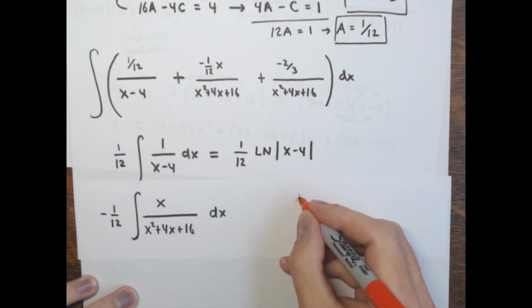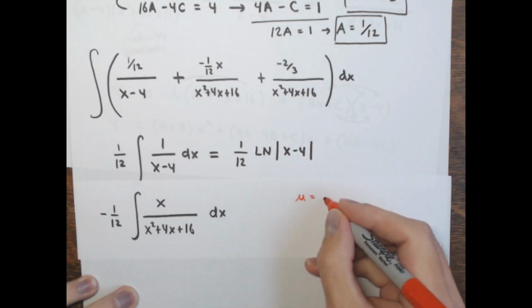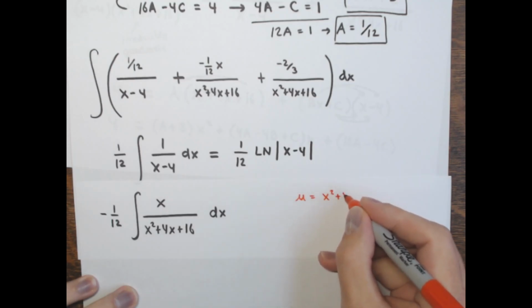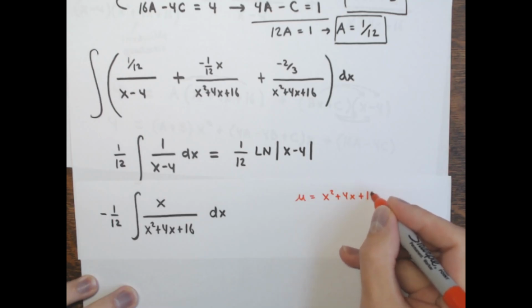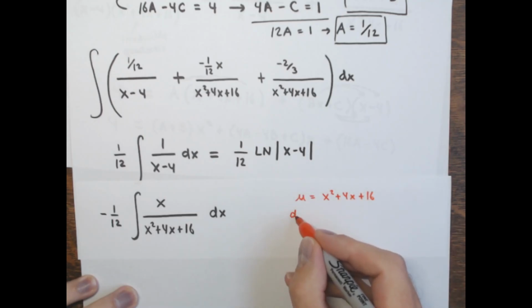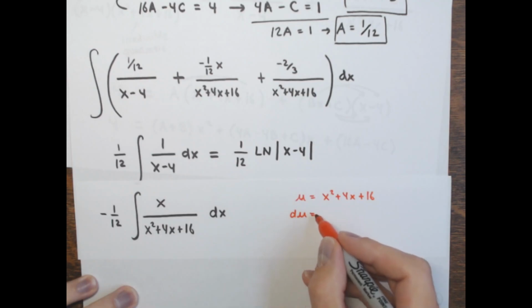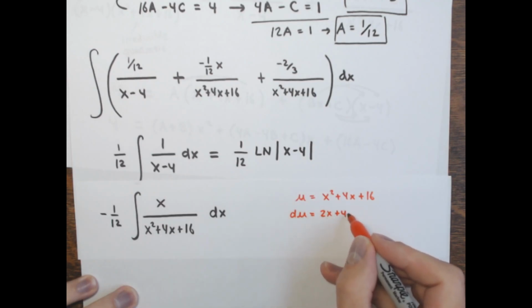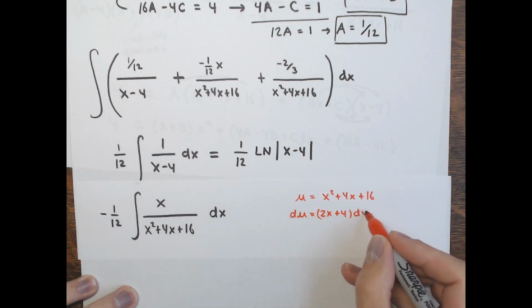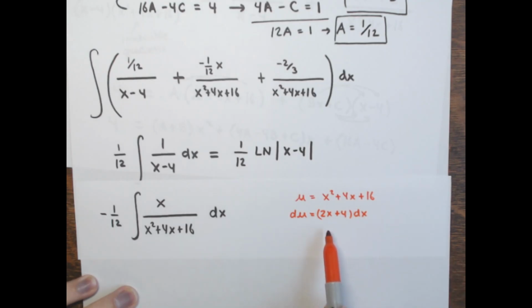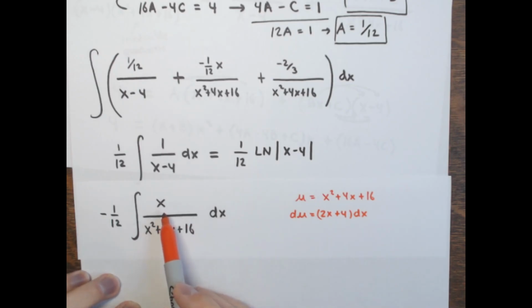If I said u equals x squared plus 4x plus 16, the derivative of the denominator is 2x plus 4 dx. So that's not the numerator. The numerator is just x dx, not 2x plus 4 dx.